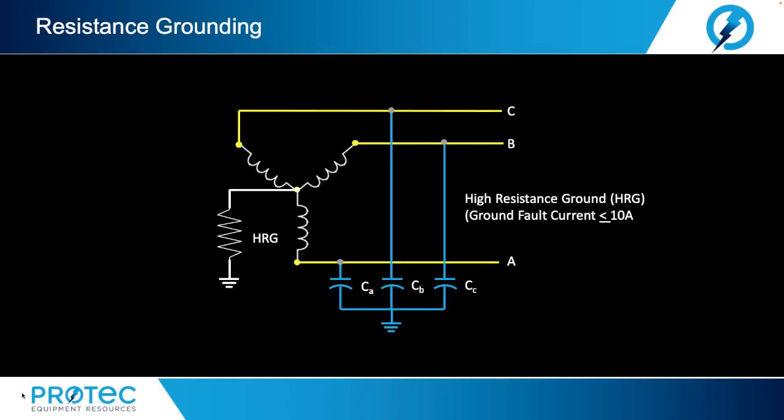Alright, now let's look at the high resistance ground. High resistance grounding systems are commonly used in plants and mills where continued operation of processes is paramount in the event of a fault. It is a system grounding technique mainly used in low voltage systems, most common in 480 and 600 volt systems.